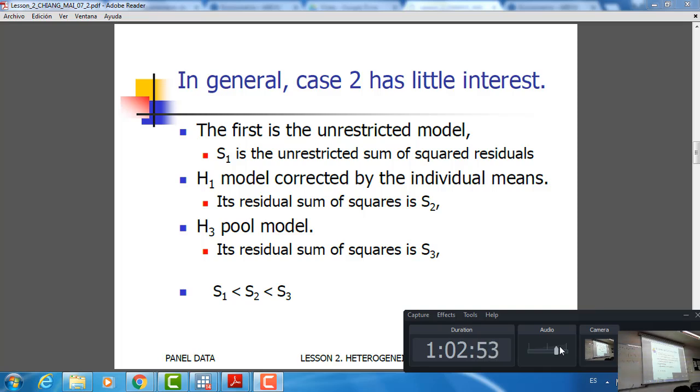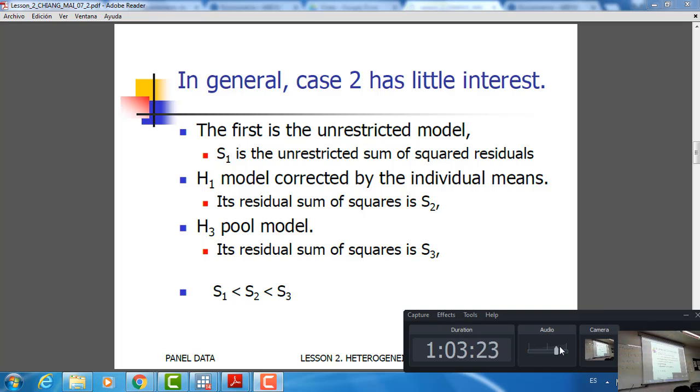Then H0: alpha 2 equals alpha 3 equals 0 makes model 1 into model 3. And then another H0, alpha 1 equals alpha 2 equals 0, will make the first model the fourth.